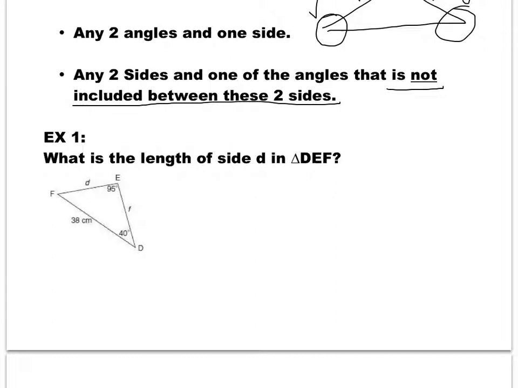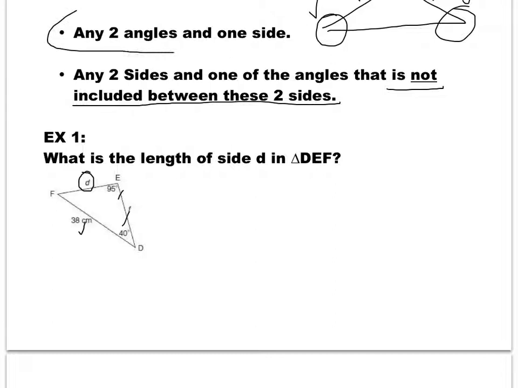Knowing these facts, we can just go ahead and solve a couple of problems here. The first problem says, in the triangle DEF, angle E is 95, angle D is 40, and side FD is 38. I have to find side D, meaning I have to find this side. Now, if you look at this problem, I have two angles and I have one side.